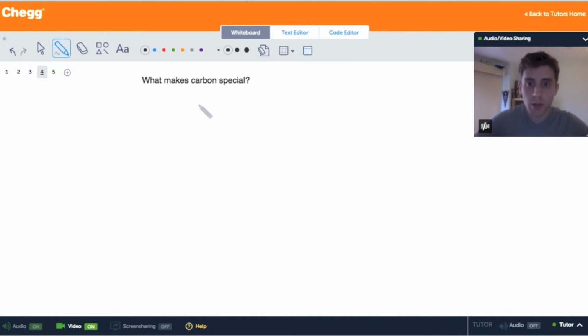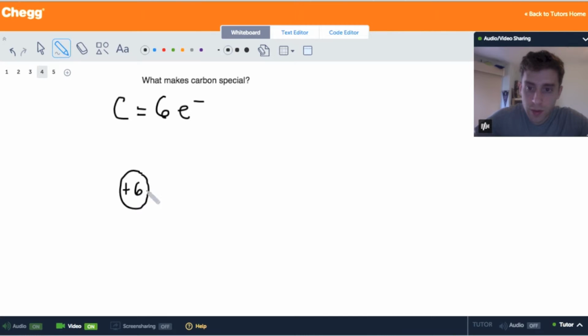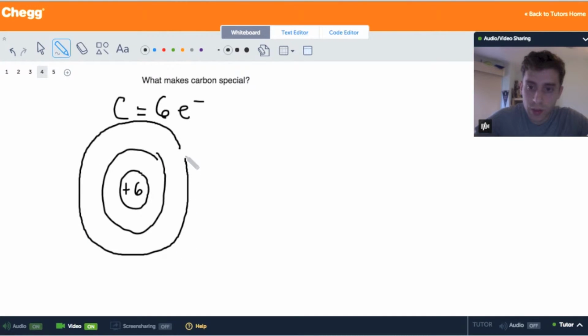So what makes carbon so special? Like before, where we said that carbon has 6 electrons, let's draw the Bohr model for carbon. It has 6 protons, so plus 6 in the nucleus, and it has 6 electrons, so we'll put 2 on the first shell, and we'll put the other 4 on the second shell.